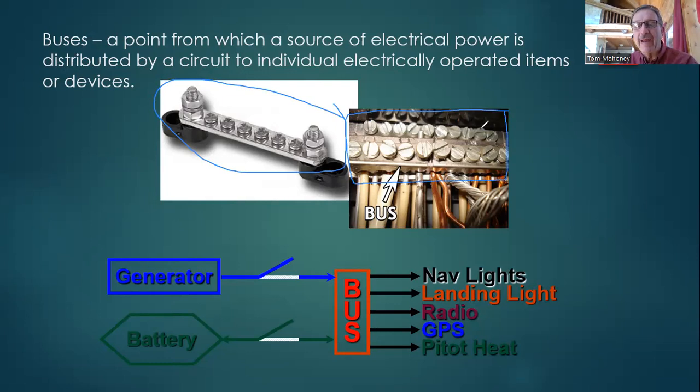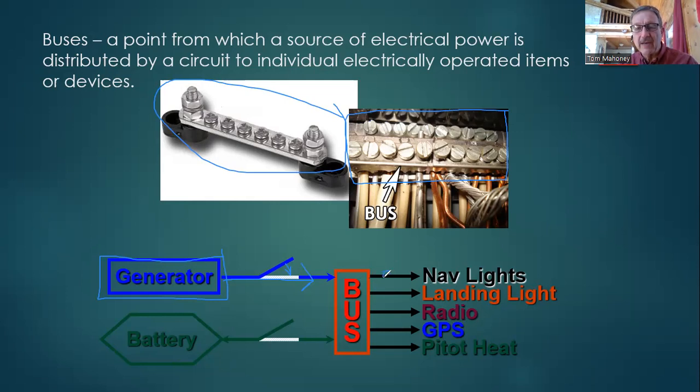So in other words, you have your main power coming in, and then from that point, the main power gets split off into smaller wires and goes to individual components throughout the system. So for example, down here, we have a generator producing power, provides power in this direction. That is when the relay is closed. And then, of course, the bus, which is one of these kind of things here, splits that power off and takes it to the various items throughout the aircraft on its own individual circuits.